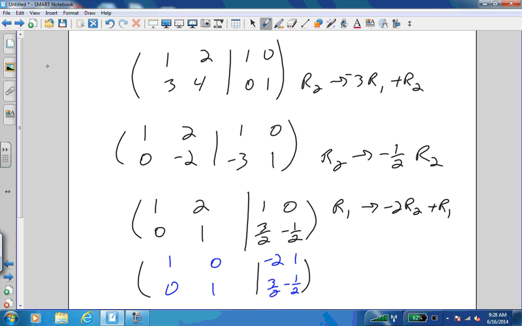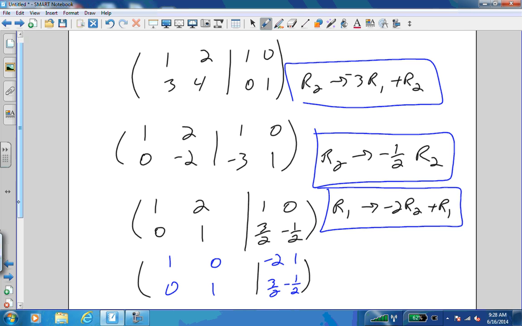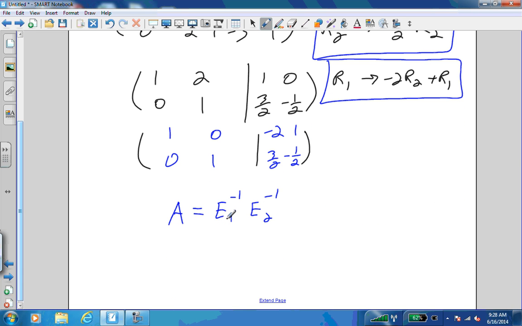Let's see how many we have: one elementary operation, two elementary operations, three elementary operations. So we do the inverse of the first one, the inverse of the second one, and the inverse of the third one, and when we multiply those together, that should give us our original matrix.